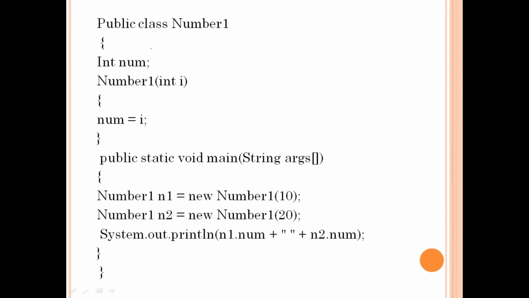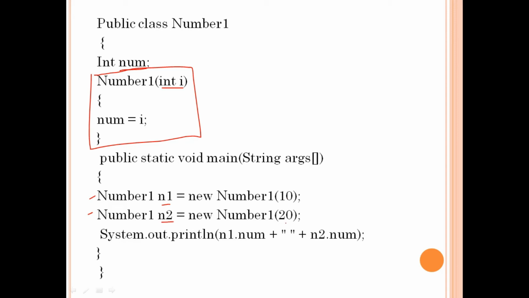Next we'll check with our program. Here the program name is Number1. Number1 has a data member num, and I have the parameterized constructor that will accept only one value as int i, right? I am creating, as usual, two objects n1 and n2. While creating n1, I am sending 10 as a value.